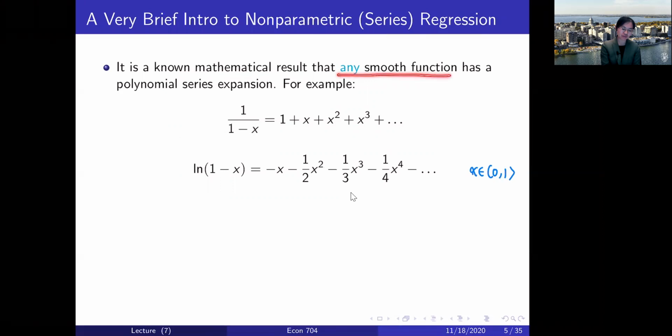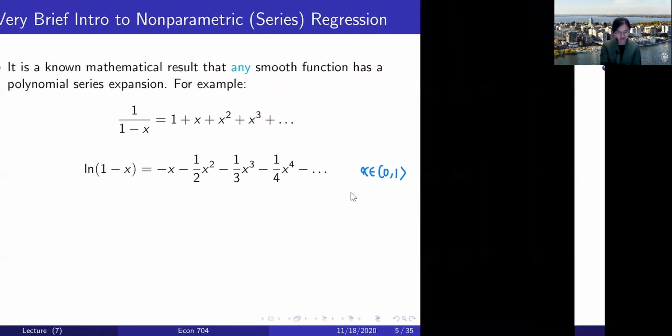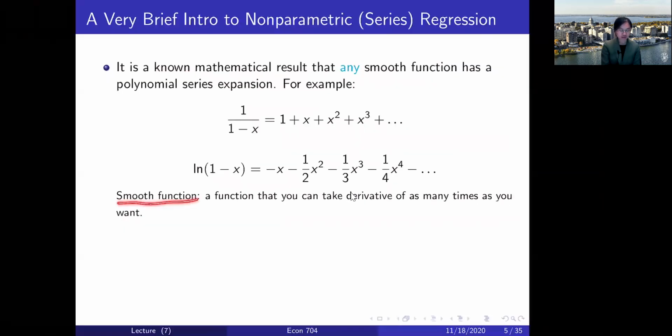In fact, any smooth function has a polynomial series expansion. So what is a smooth function? A smooth function, roughly speaking, is a function that you can take derivatives as many times as you want, so infinitely differentiable. If that is the case, then any such function has a polynomial series expansion.